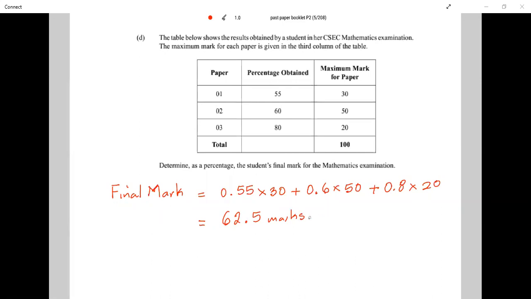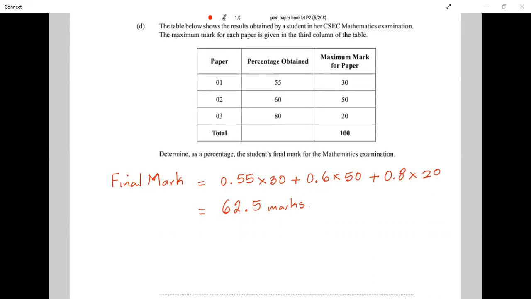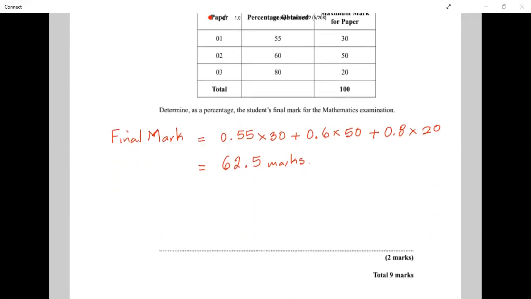So in total, she got 62.5 marks. But what they ask us for is the marks as a percentage. So, determine as a percentage the student's final mark for the examination. So, the entire exam is marked out of 100. So she got 62.5 out of 100. So that is her mark as a fraction.